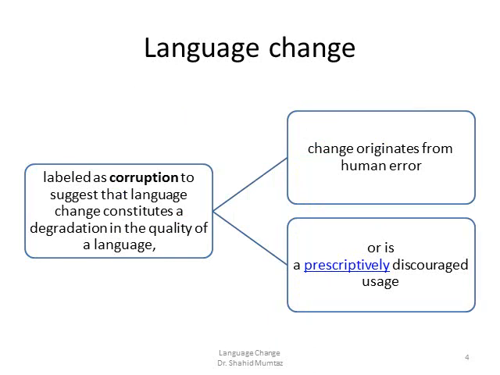Some commentators use the label corruption to suggest that language change constitutes a degradation in the quality of a language, especially when the change originates from human error or is a prospectively discouraged usage.